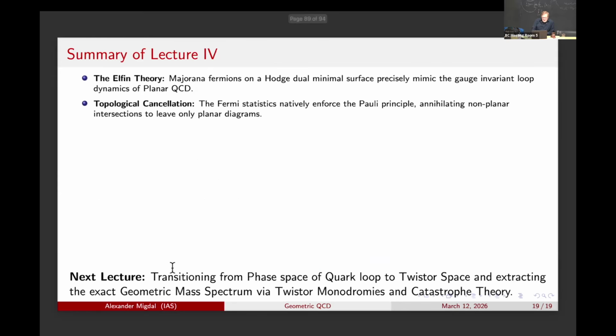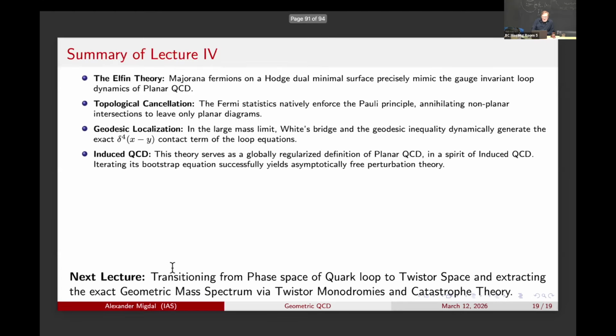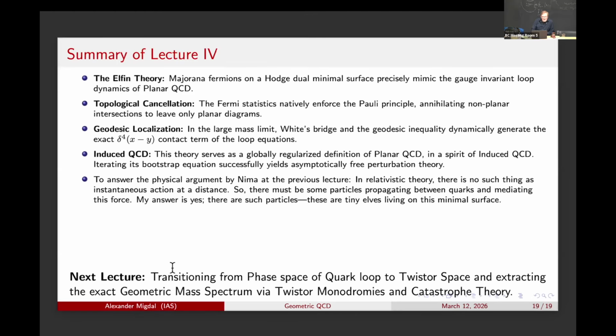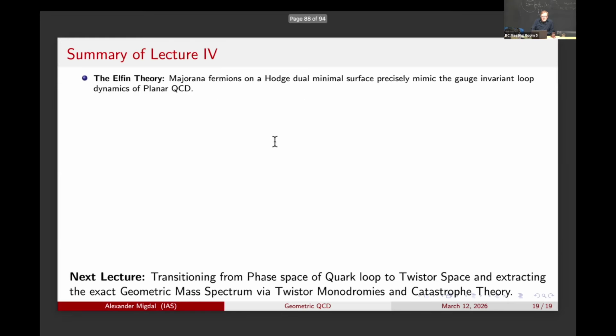So I can summarize it now. Majorana fermions, let me do it step by step. Majorana fermions on a Hodge dual minimal surface precisely mimic gauge invariant loop dynamics of planar QCD. Topologically, yes.